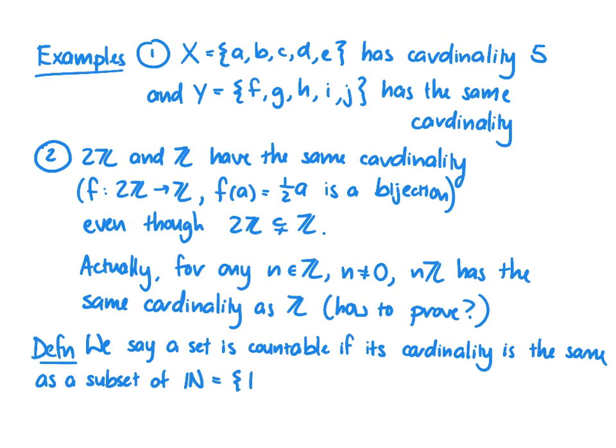Remember, the naturals are these numbers, 1, 2, 3, and so on. All are counting numbers. There are actually going to be two different types of countable sets. You can be finite, right? There are finite subsets of n, or you can be countably infinite. If your cardinality is the same as the set of natural numbers n, then you would be countably infinite. So more on that in our next video.